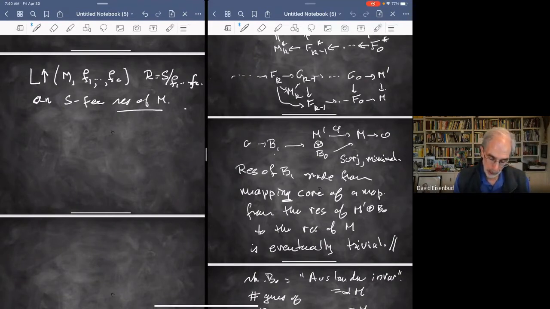Now, as I said, the goal was not only to compute S-free resolutions and R-free resolutions, which we could do with the old technology, but minimal ones, at least most of the time.